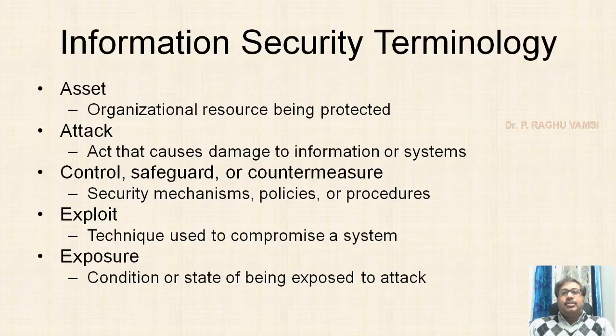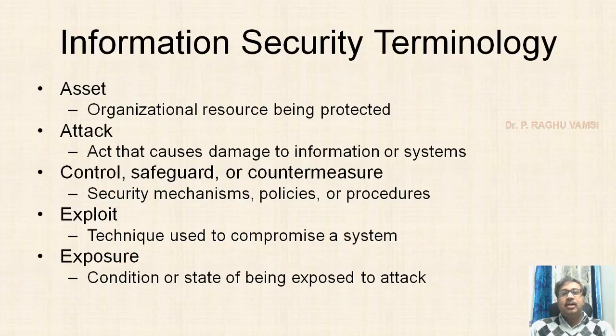In the entire course, some keywords will be used which are very important to know, because the entire literature will use these words. Whenever we refer to an organizational resource, we will call it an asset. Asset means organizational resource being protected. Attack means an act that causes damage to the information or systems.